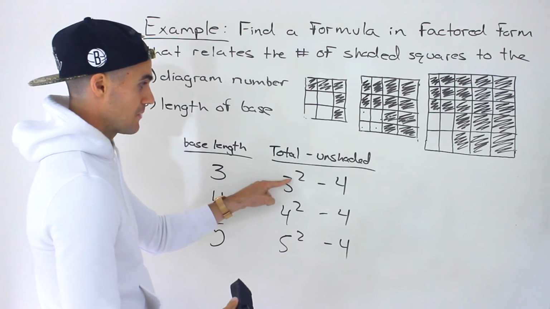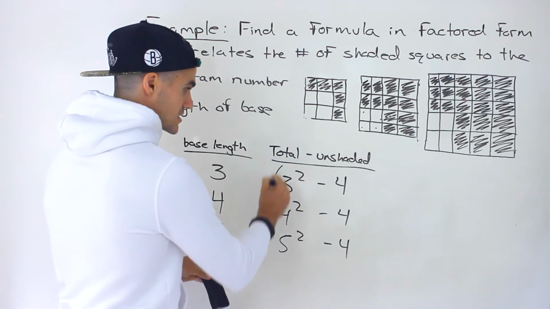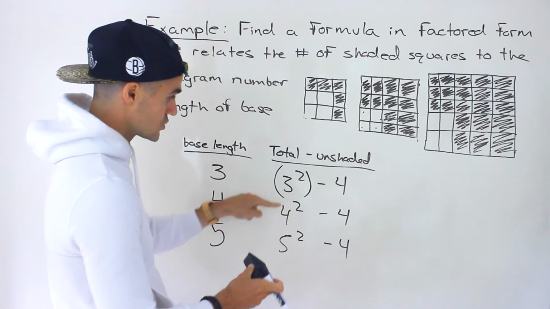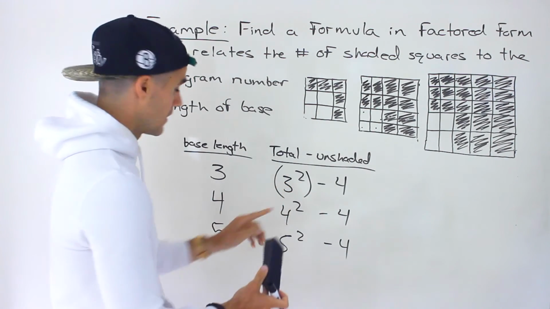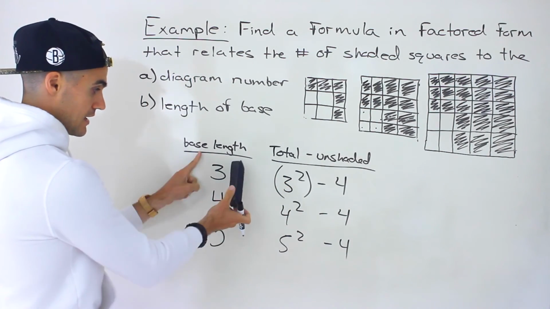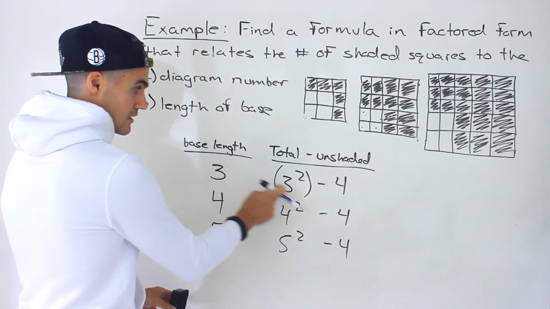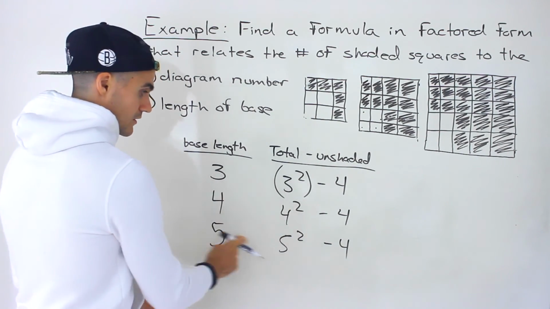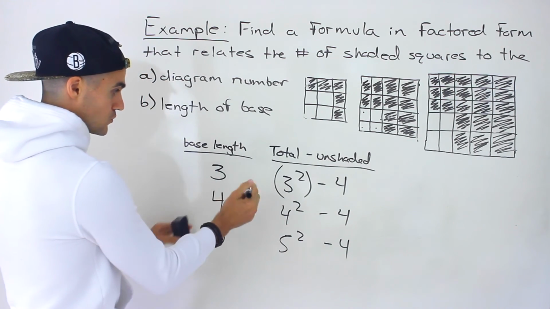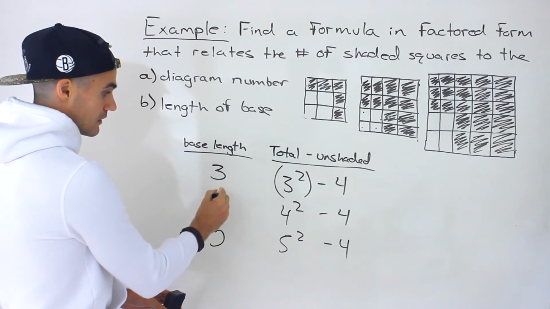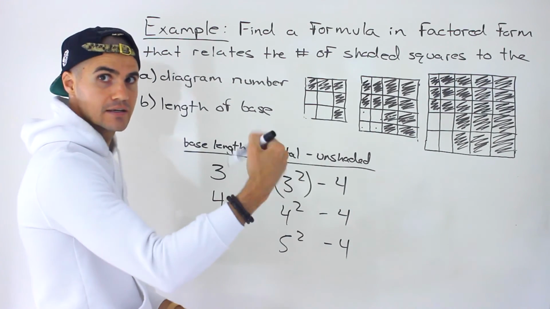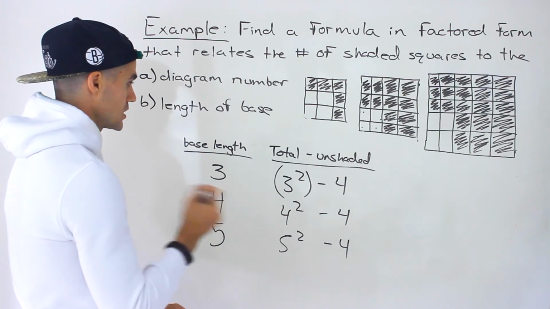Because remember, this is just the base length, right? This entire expression here is the area, which is just the base length squared. Well, now because we're dealing with the base length as the independent variable, it's very easy. 3 squared, 4 squared, 5 squared. We don't have to worry about adding anything to this like we did with the diagram number. And that's what I was mentioning, it's easy.